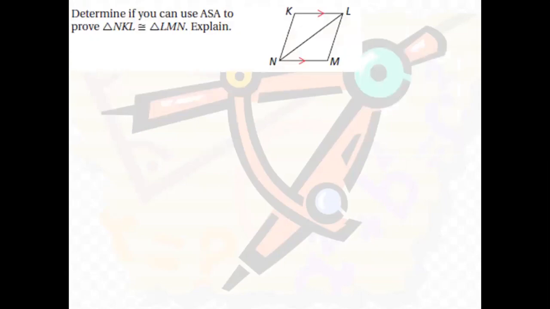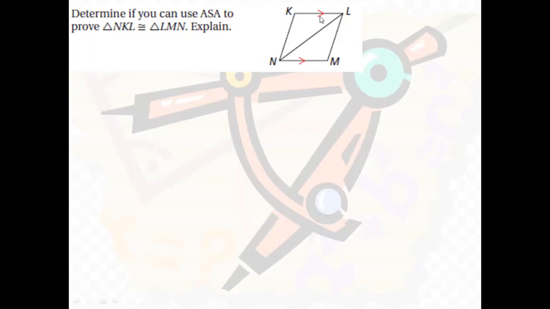So practice. Fine. This is another question. Determine if you can use ASA, again angle, side, angle, which means two angles and the included side, to prove triangle NKL is congruent to triangle LMN, following the order. What is the information they have given us? They have just given us that KL is parallel to NM.